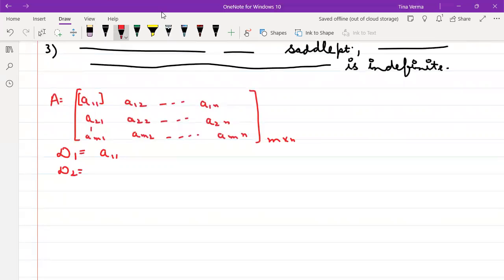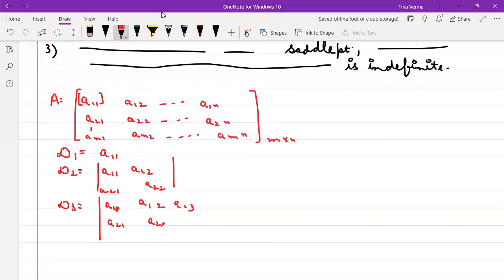Then you take A22 and find the determinant of A11, A12, A21, A22, which is D2. Again for D3, what will you have? The 3 cross 3 matrix. And so on. Clear? You move forward up to the order of your matrix.